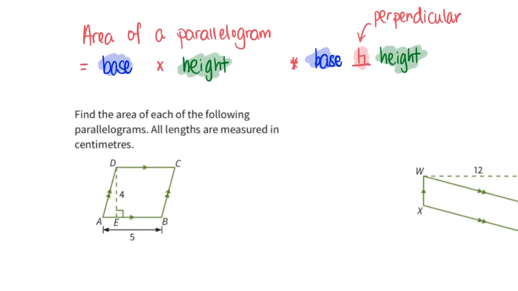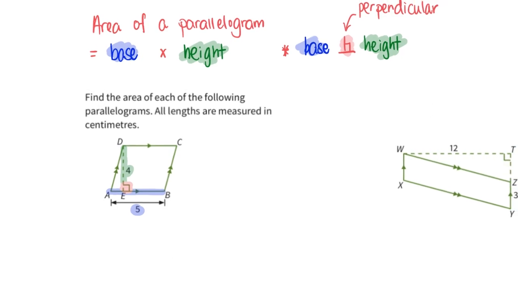So step 1, given this particular example, would be to identify which pair of base and height we could use. In this case, since we are given 5 and we are also given a perpendicular height of 4, all we have to do is multiply 4 by 5 and we will get the area.